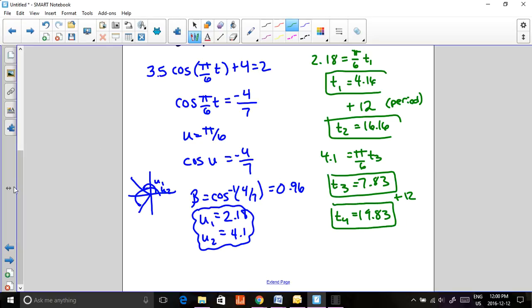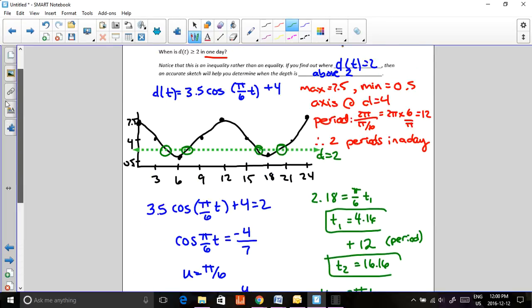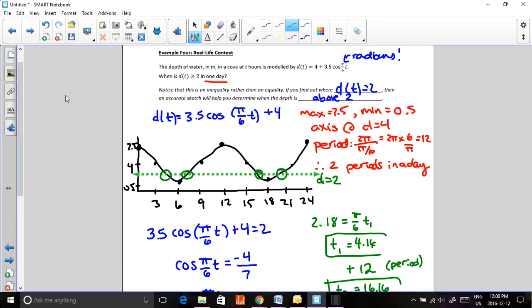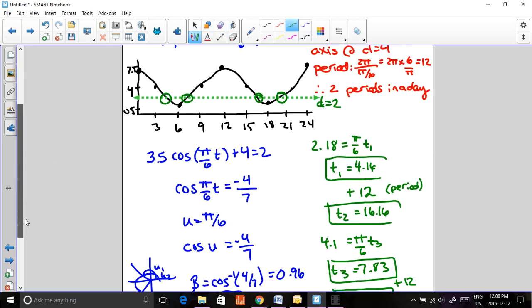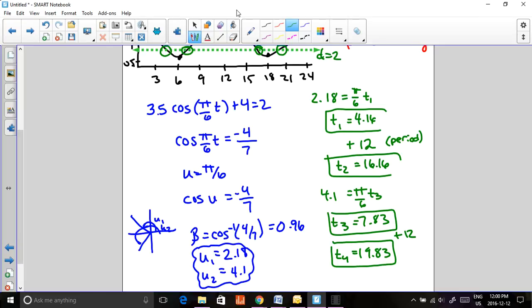Okay, so the inequality says when is d greater than or equal to 2. So we have to turn this into time. So 4.16, well, 0.16 of an hour, 0.16 times 60 is 9.6.